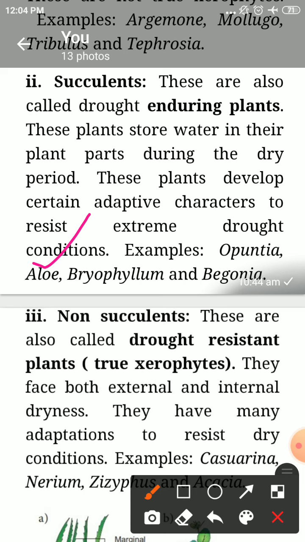Now, the plant body of these plants, all their organs, the stem, leaves, roots, are swollen and store more water when it is available. For example, a very beautiful example is the aloe, which we see very commonly. These plants store the water when it is available, and this stored water is economically used in the dry period, in the drought situation.